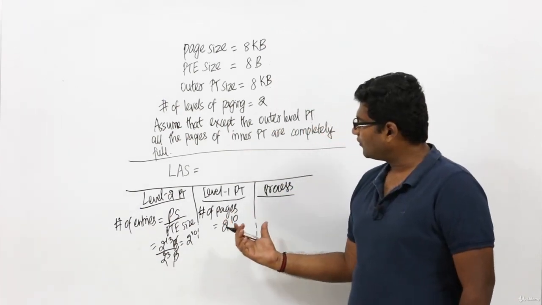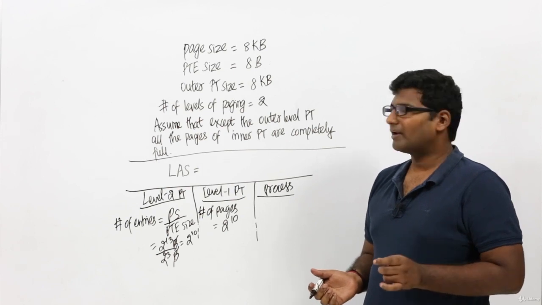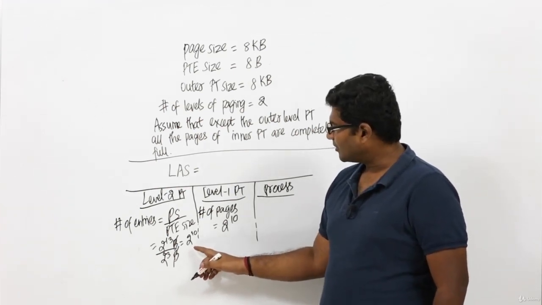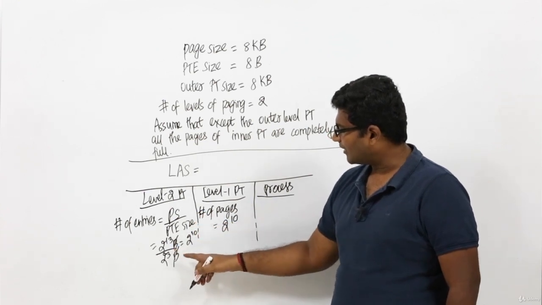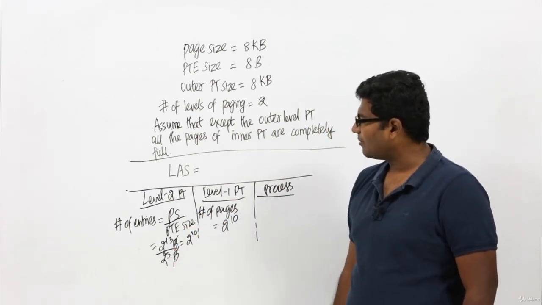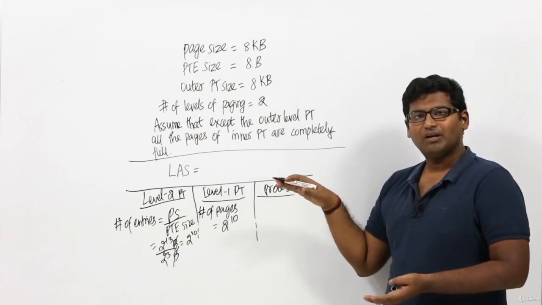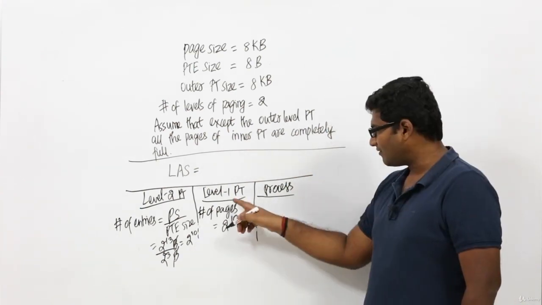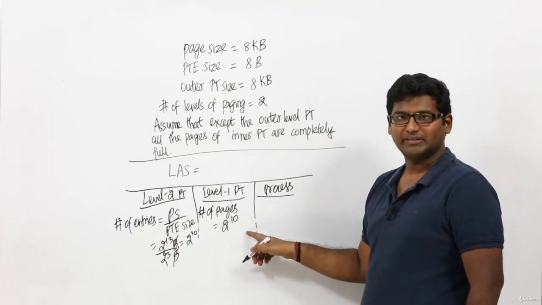And also we know that a single page can hold 2 power 10 entries, right? Because page size is 2 power 13 bytes and page table entry size is 2 power 3 bytes. So in a single page, we can have a maximum of 2 power 10 entries. So in first level page table, we have 2 power 10 pages, fine.